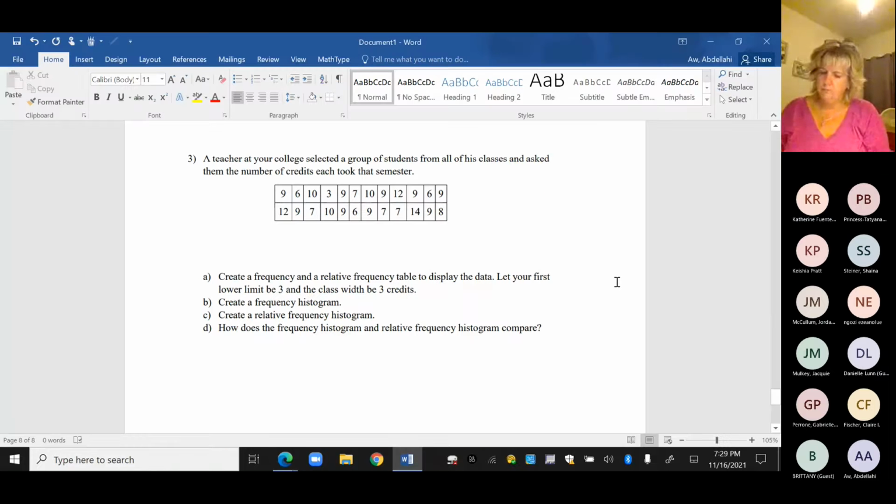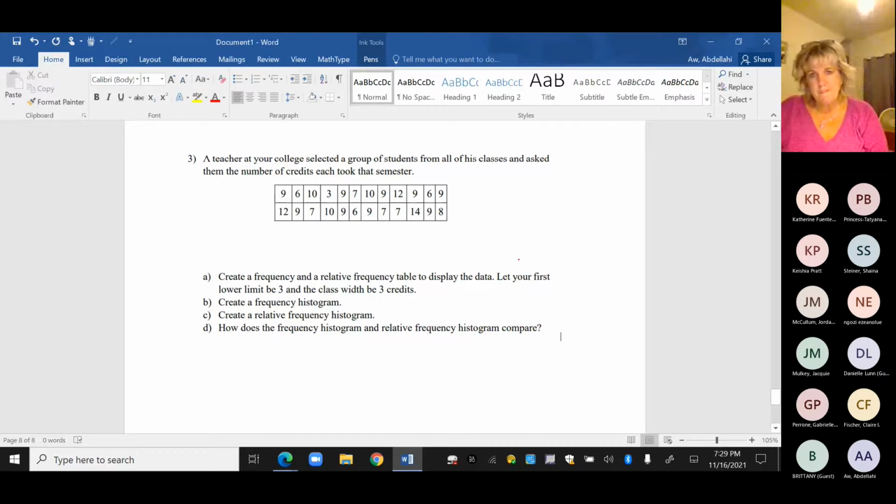Okay. A teacher at your college selected a group of students from all of his classes and asked them the number of credits each took that semester, and those are the answers right there. Create a frequency and relative frequency table to display the data. Now look: let your first lower limit be 3 and the class width be 3 credits.